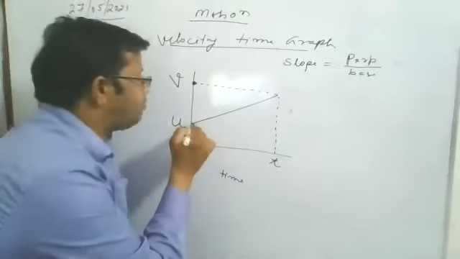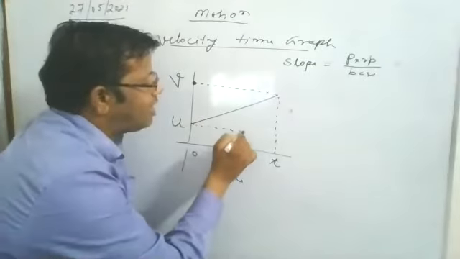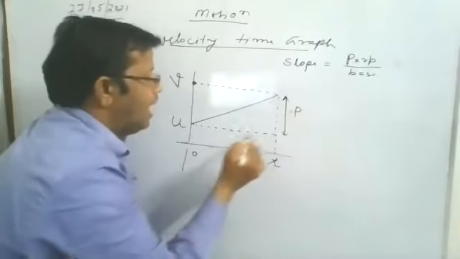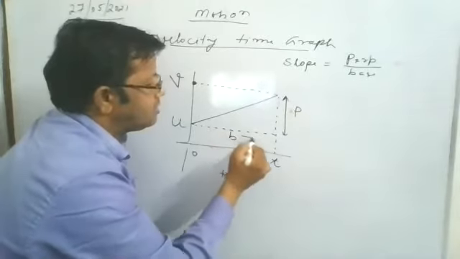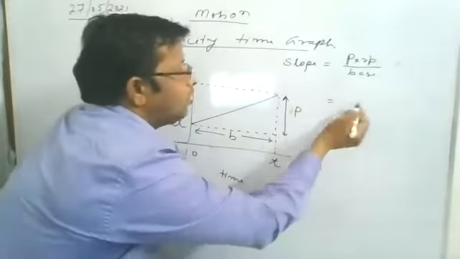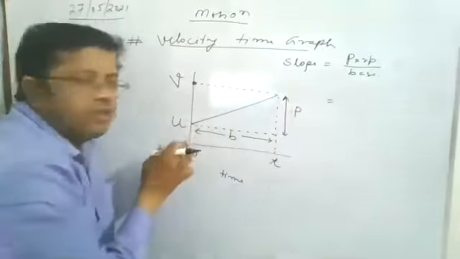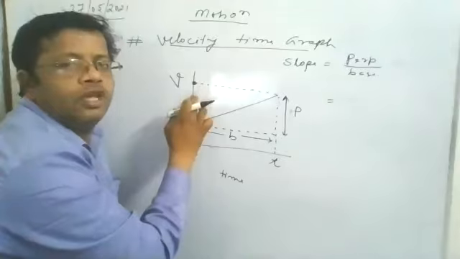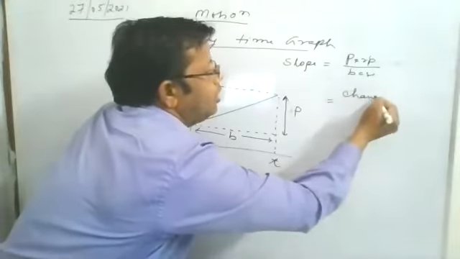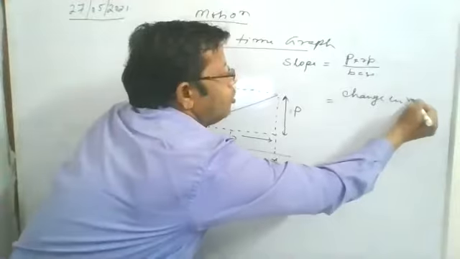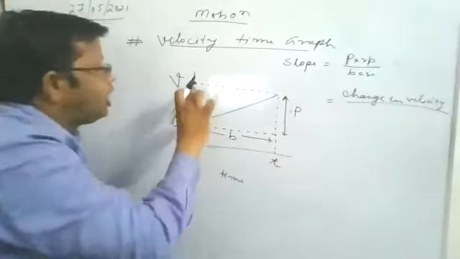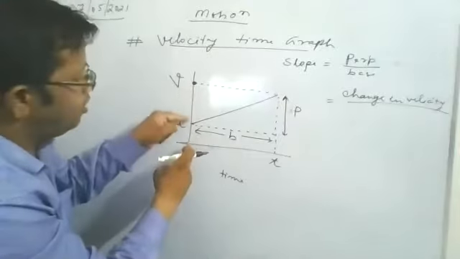Now see, slope is perpendicular upon base. Draw the right angle triangle. This is perpendicular and this is base, P by B. What is perpendicular? The velocity changes from U to V, so we call this change in velocity, upon the time interval.